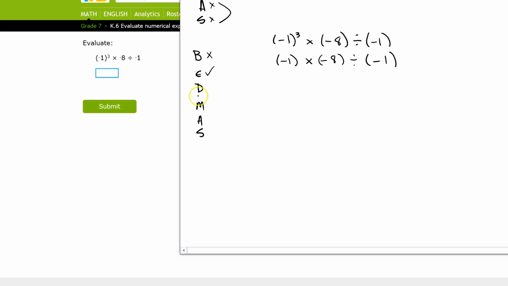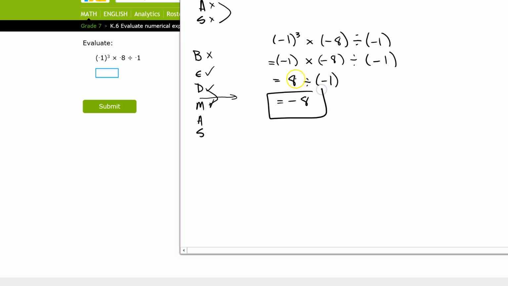So we do have division and we have multiplication, but remember we have to move from left to right. So negative 1 times negative 8 is going to be 8, divided by negative 1. 8 divided by negative 1 is going to be negative 8.